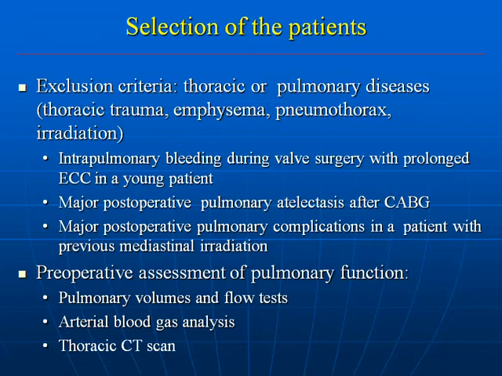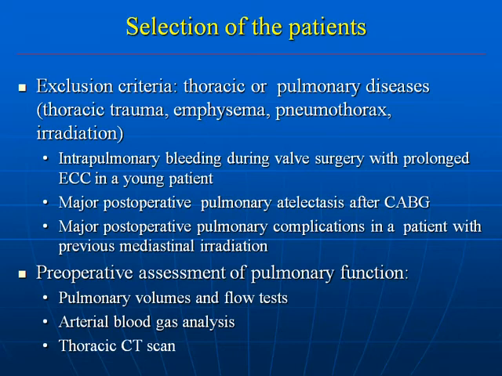Some of the other problems we had were major post-op pulmonary atelectasis after CABG. So what we tend to do in anesthesia is every half hour the patient is ventilated on two lungs, and this seems to decrease the amount of atelectasis.